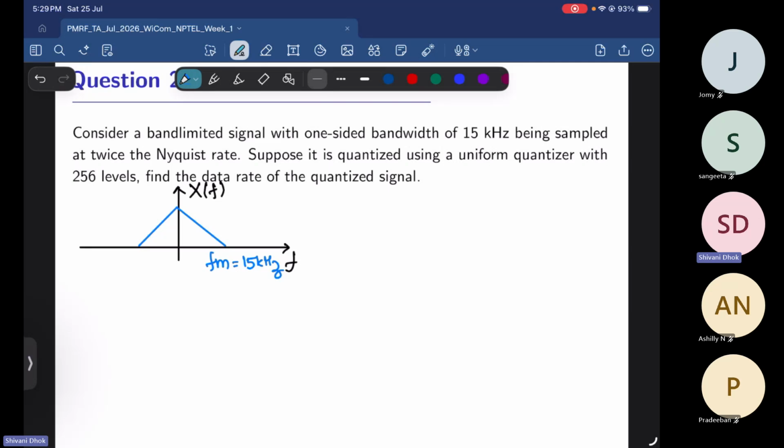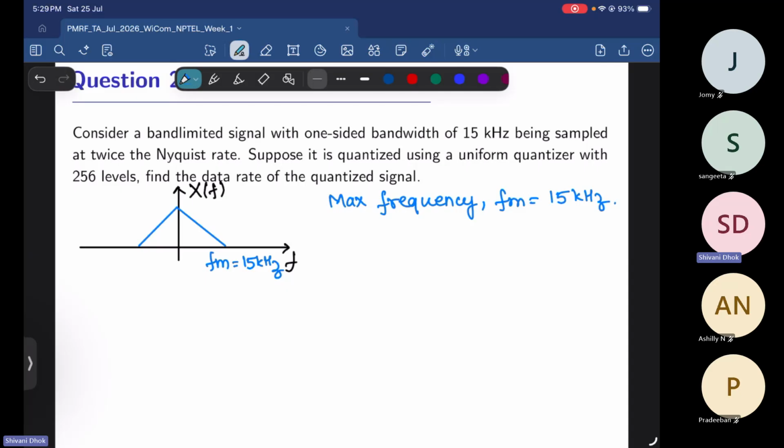So the maximum frequency of the signal, FM, is 15 kilohertz. Then it is given that this signal is sampled at twice the Nyquist rate.